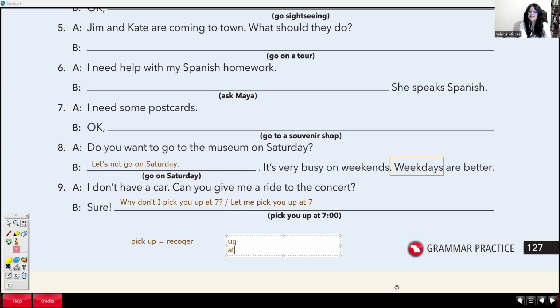The only difference would be in the last sound, like up with a P sound and at. It's inside your mouth. If it's very short, it sounds very similar. Pick you up at. We put everything together, linking sounds. It's just a consonant sound, but the vowel sound is very similar. Up at.